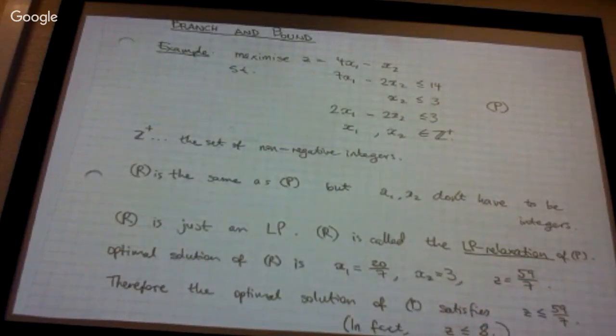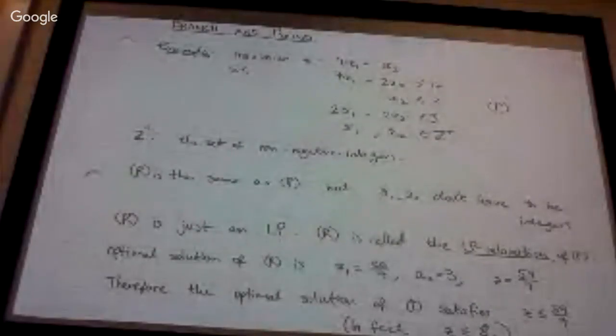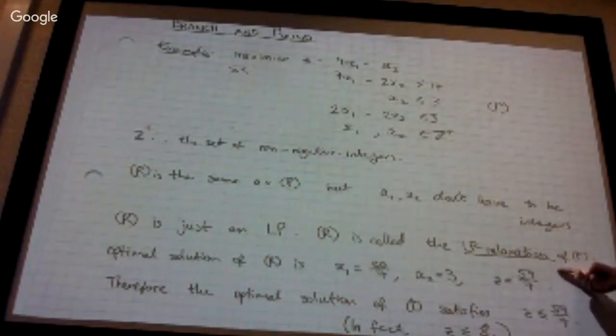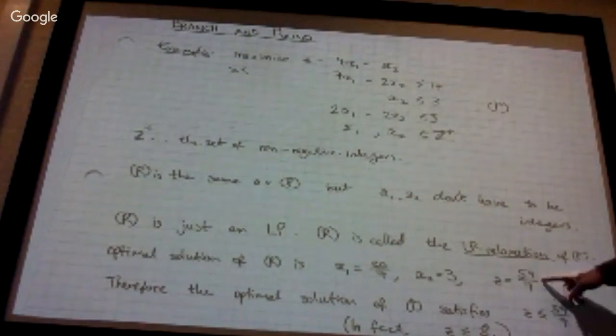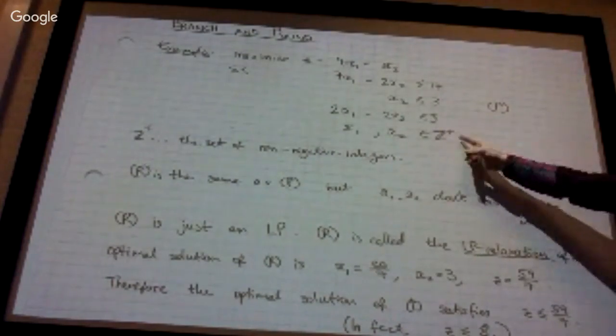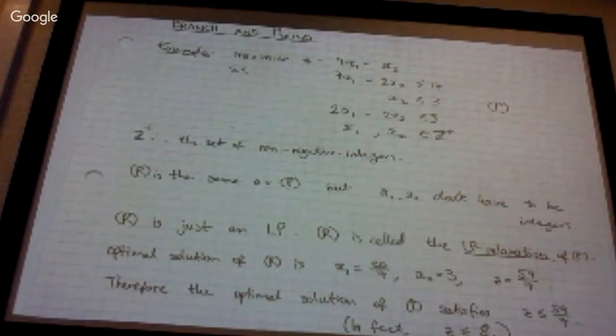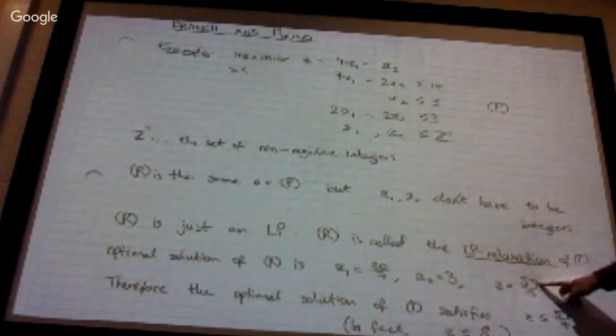And they're called relaxation because they're more relaxed, so there are fewer constraints. Something has a subset of the constraints, and it's called a relaxation. But what we have here is kind of a bound. Because if we allow these values to be fractional, the maximum we can get is 59/7.